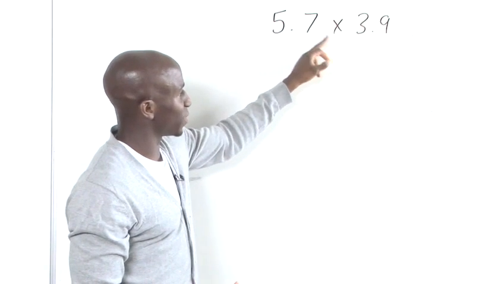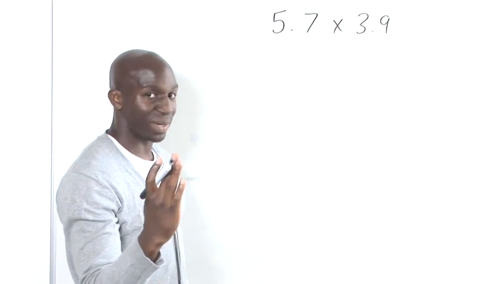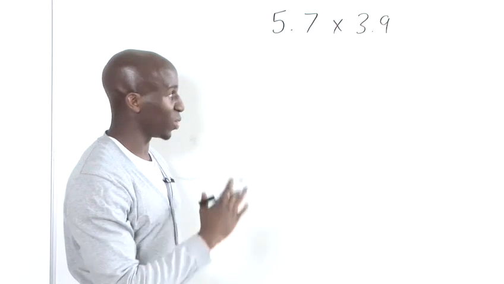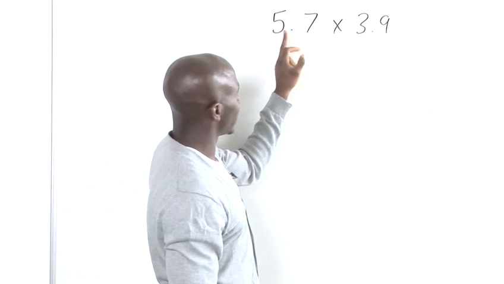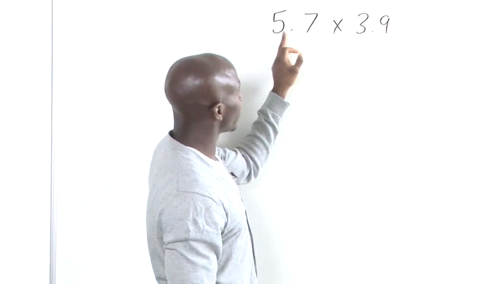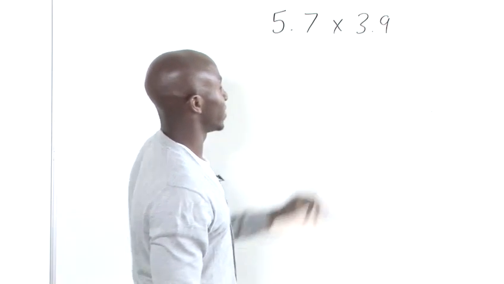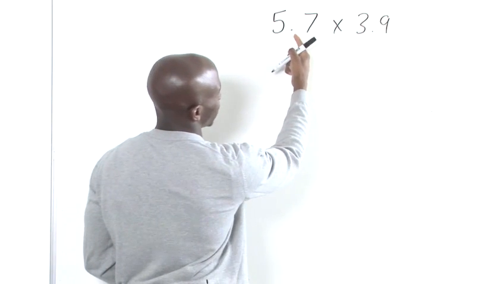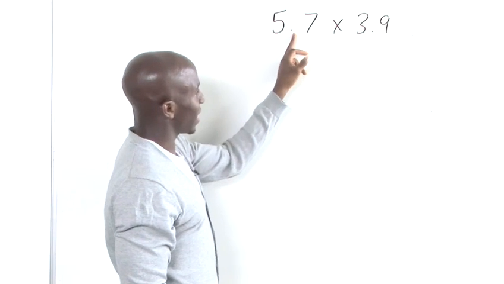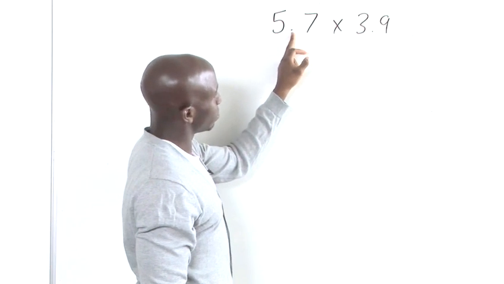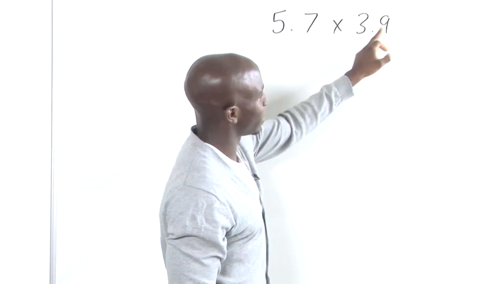bringing back decimal points on each number, then you know how many times to bring the decimal points forwards on the answer. So the question we have here is 57 times 39, and this will arise from multiplying this by 10 and this by 10. So that in effect has really just moved this decimal point here and this decimal point here.